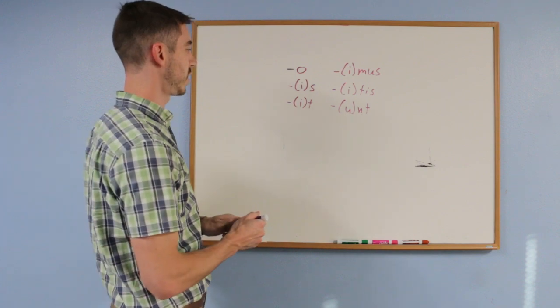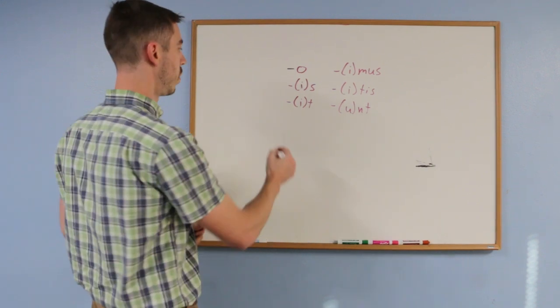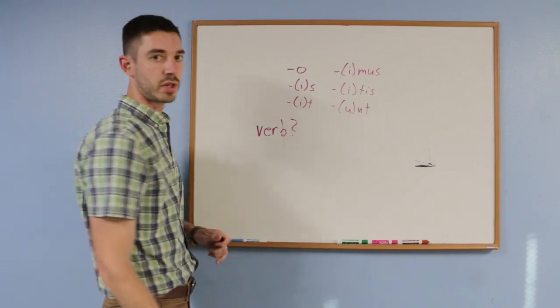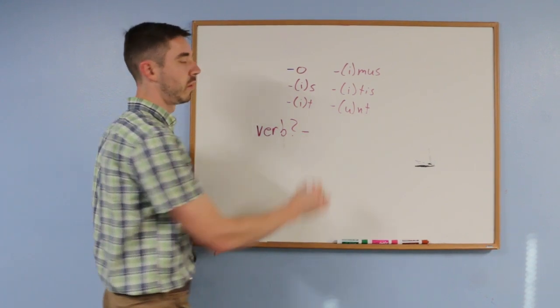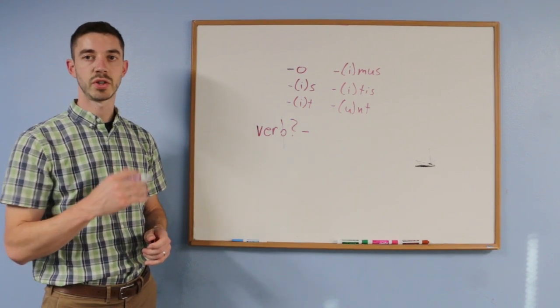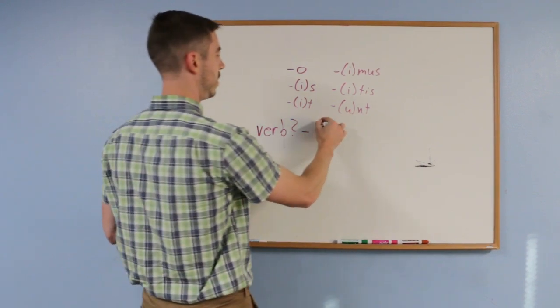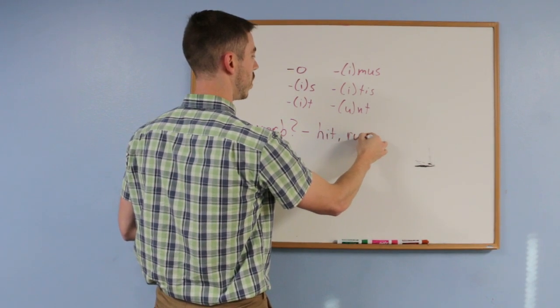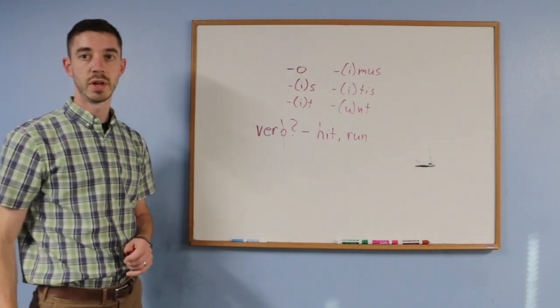But first, we want a little reminder, what is a verb? Remember, a verb is a word that shows action, okay? So a verb like hit or run, those are verbs, okay?